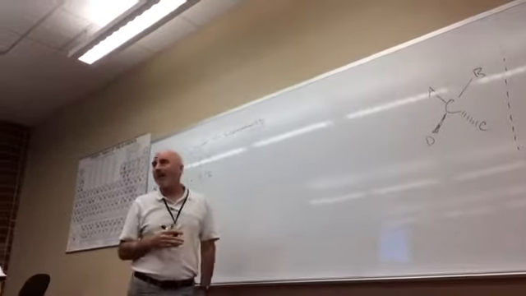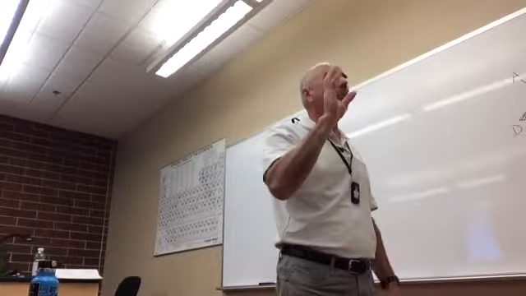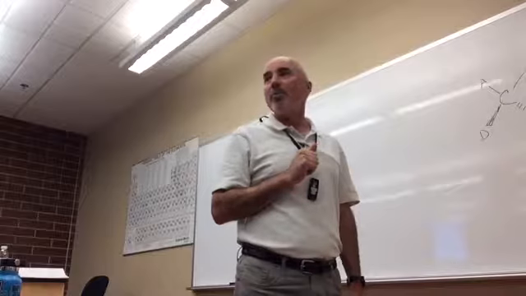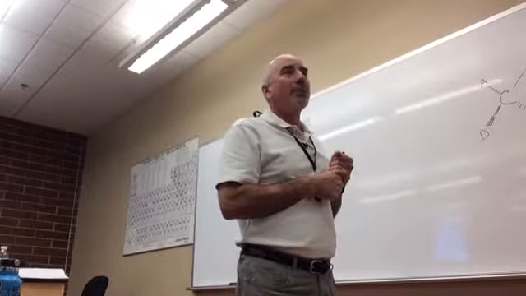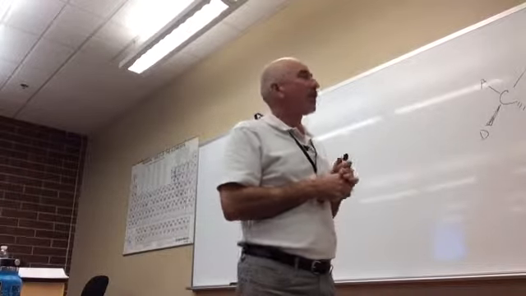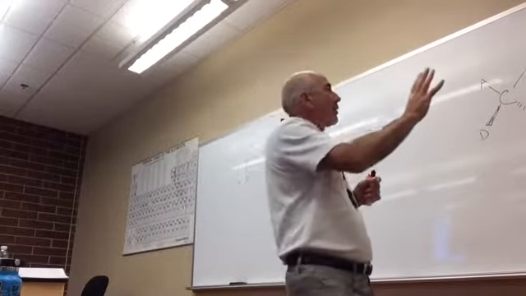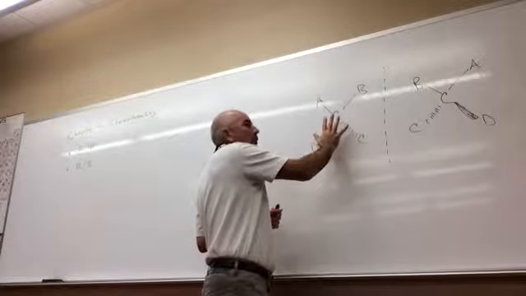So in your mind, I don't expect everybody to be able to pull this off, but in your mind, are those two structures able to be superimposed? So can you take this molecule and put it over that molecule?